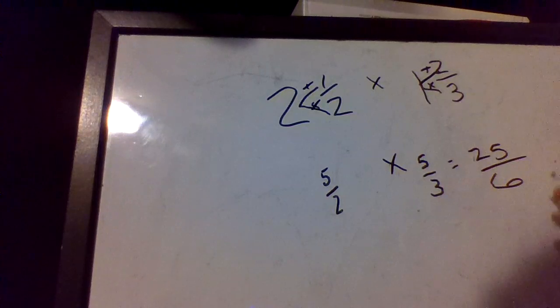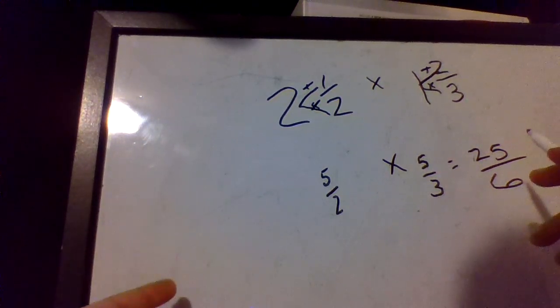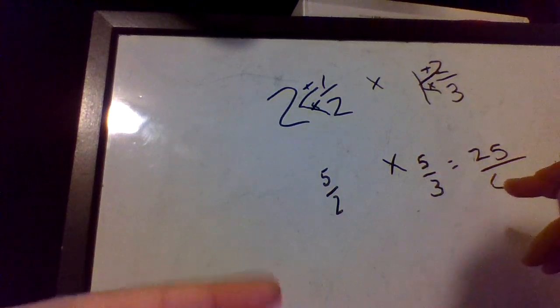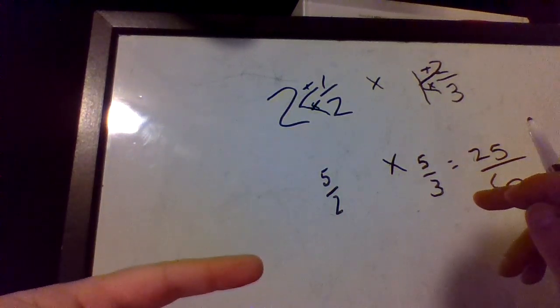Make that look like a 5. So now we say 6 goes in 25 how many times? Well, 1 times 6 is 6. 2 times 6 is 12. 3 times 6 is 18. 4 times 6 is 24.